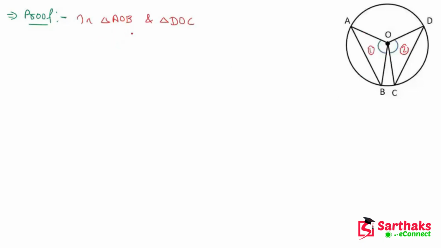We know that AO is equal to OD because these two sides are radii, and we know that radii are equal. And AB is equal to CD because this is given.